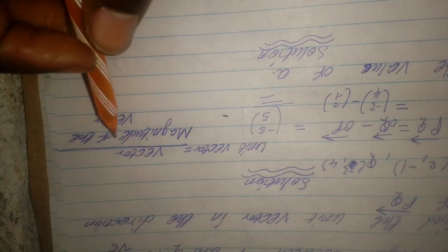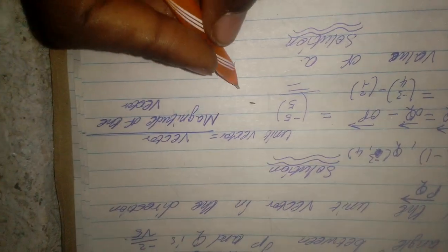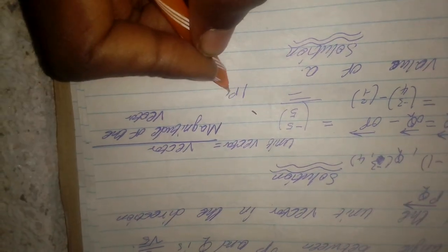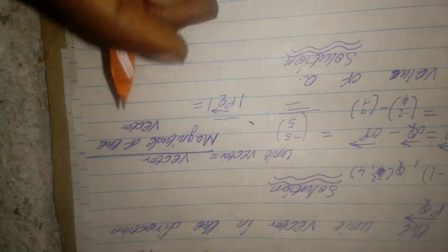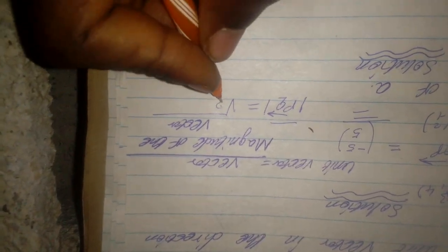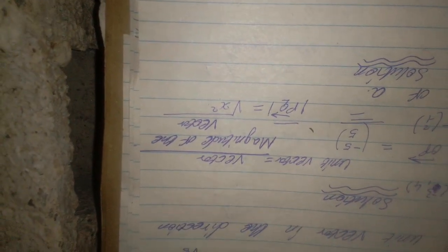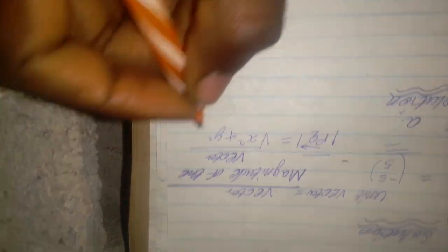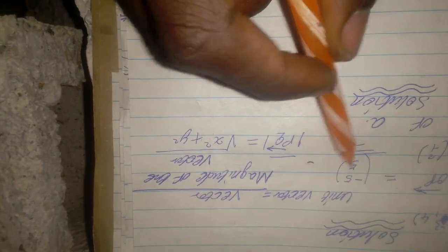Once you have found this vector, now we need to find the magnitude. How do we find the magnitude? You simply say the magnitude of vector PQ is equal to the square root of x squared plus y squared, if you are dealing with coordinates, which is what we're going to use.